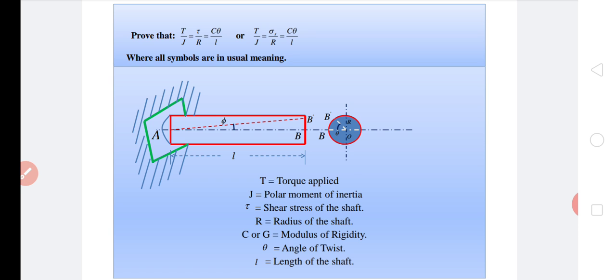This is the diagram, where one end of the shaft is fixed.